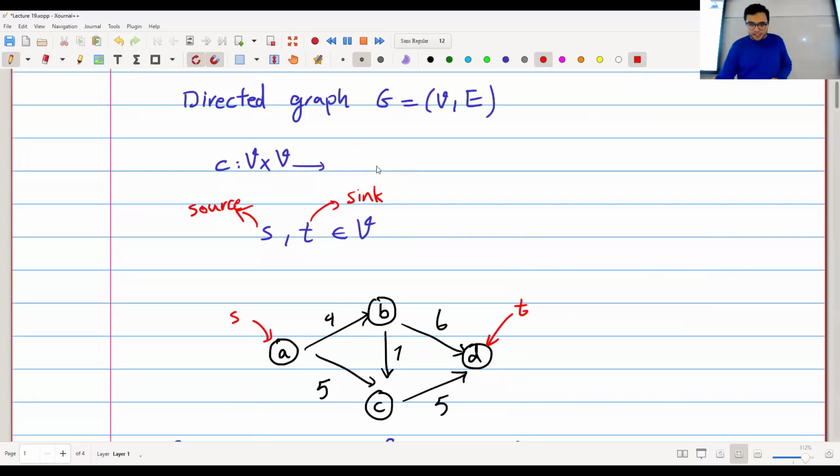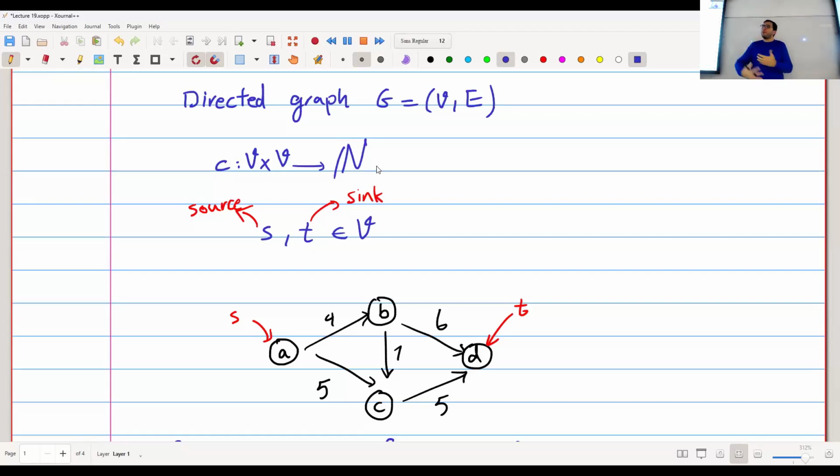But here's where I cheat. Let's say that my capacities are natural numbers. If my capacities are natural numbers, then every time that my flow is increasing, it increases by at least 1 unit, right? And it cannot increase forever. There is a bound. For example, the sum of all the capacities is a bound on the flow. You can never have a flow that is more than the sum of all the capacities.